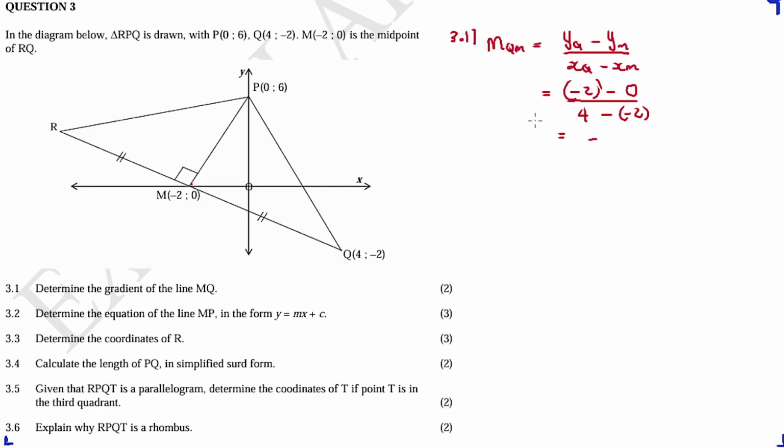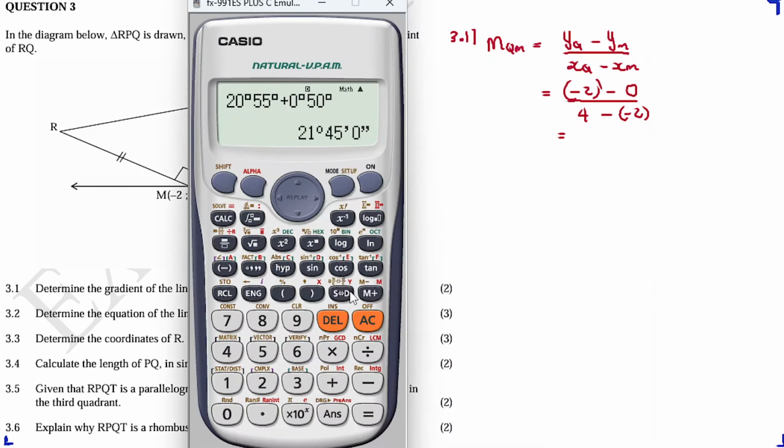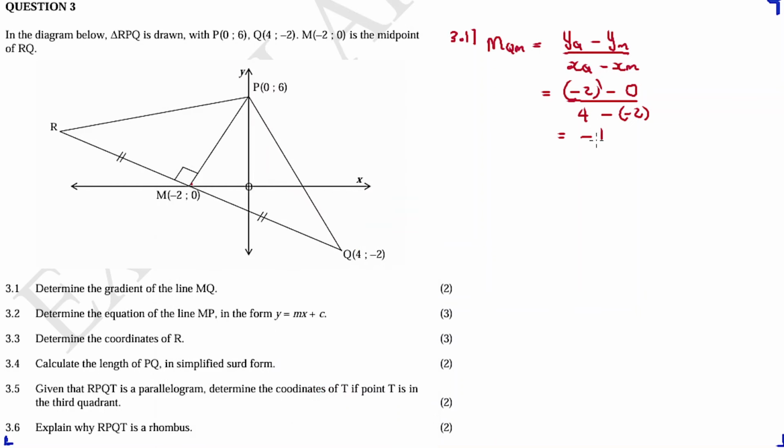So it's minus 2 on top, divided by 4 minus negative 2, that's 6. The answer is negative 1 over 3. By the way, it makes sense for the gradient to be negative, because if I have a line slanting like this, the gradient is less than 0. If it's slanting like that, going up, the gradient must be greater than 0.